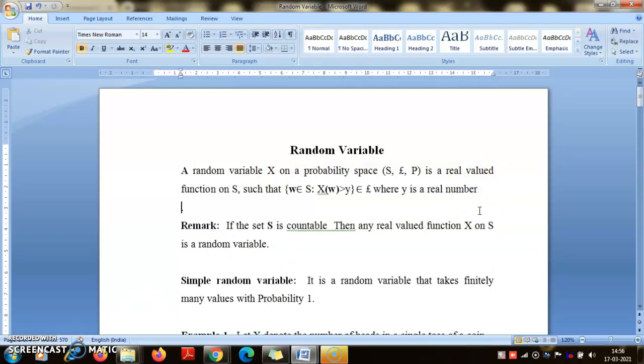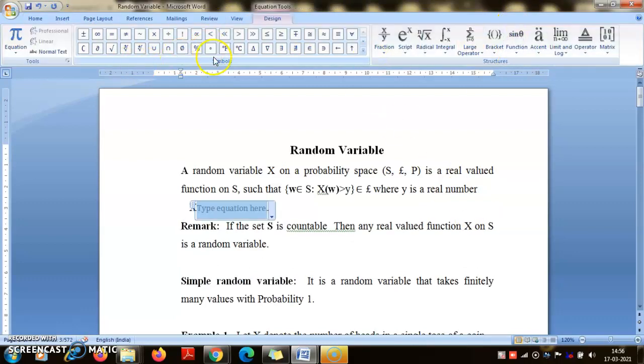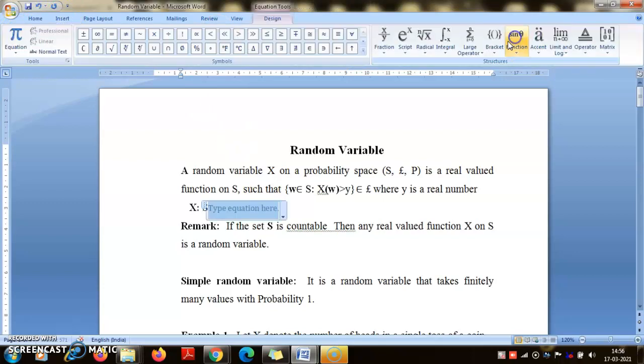So X is a mapping from S to R. This is the notation we are more used to.